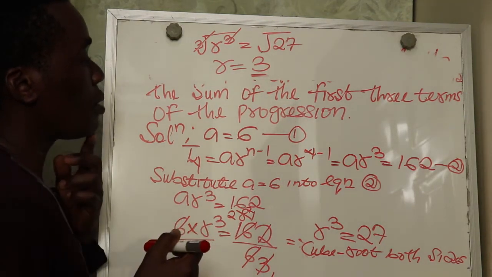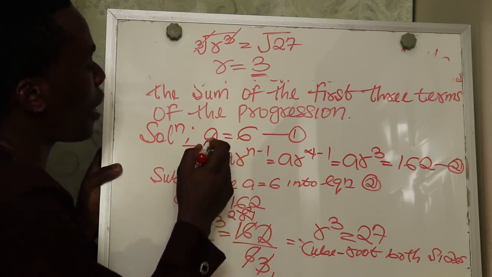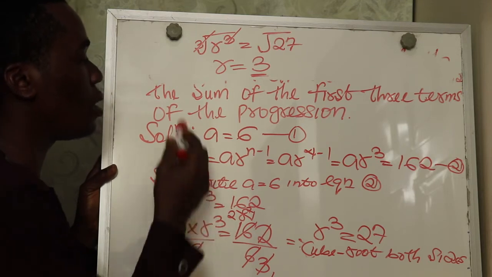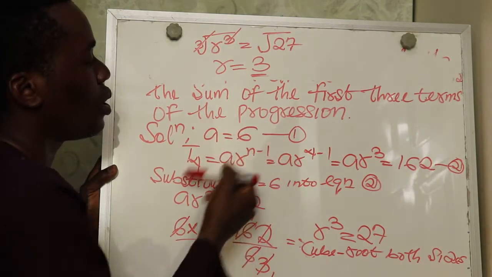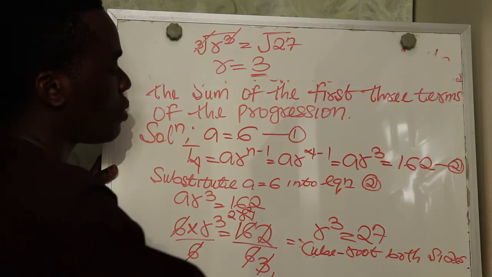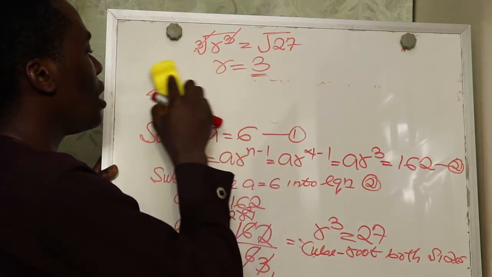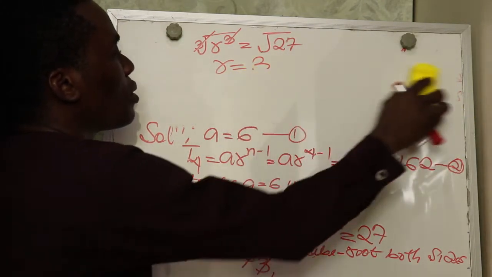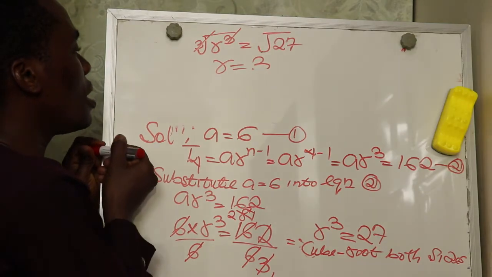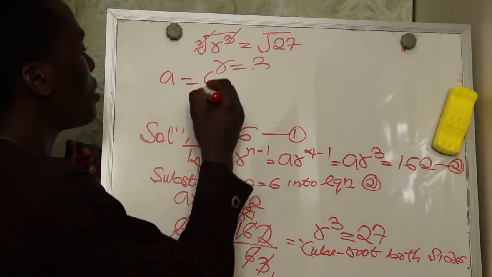Now having gotten the value of r to be 3, and we have gotten our a to be equal to 6, the question says you should find the sum of the first 3 terms of the series. Remember, we are given the fourth term and the first term. Now we have been given that our a, the first term, is equal to 6.